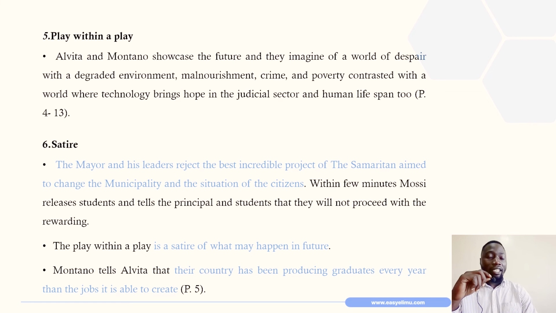So remember, when they are given the chance to showcase the future, that is talk about the app, they come up with a story that takes us into the future. In their story, they imagine a world of despair with a degraded environment, malnourishment, crime, and poverty.